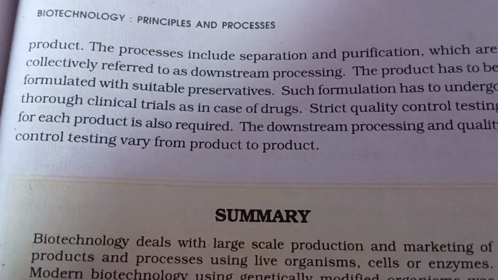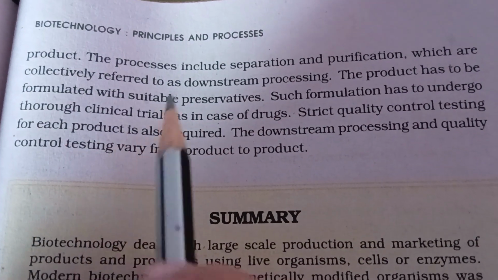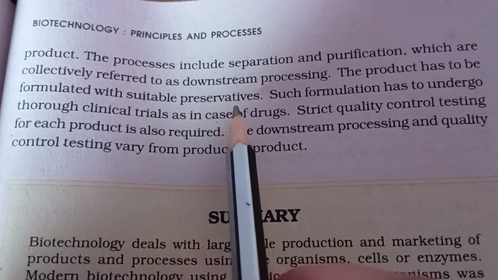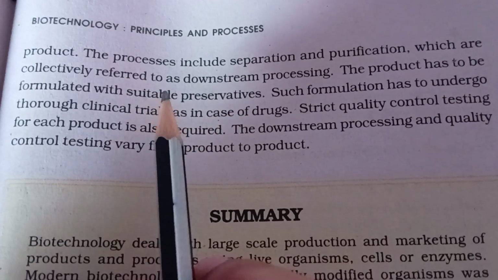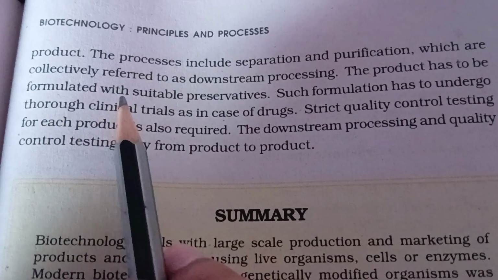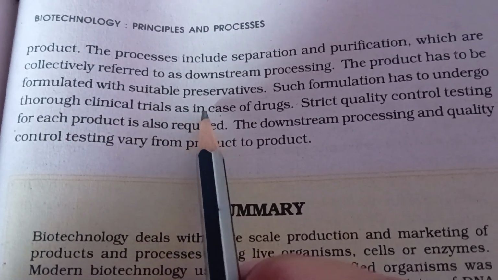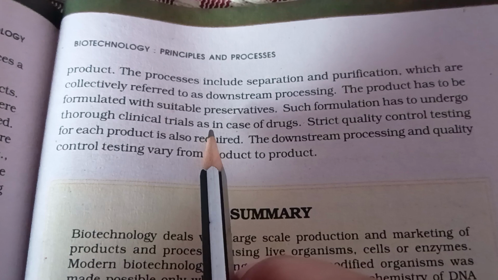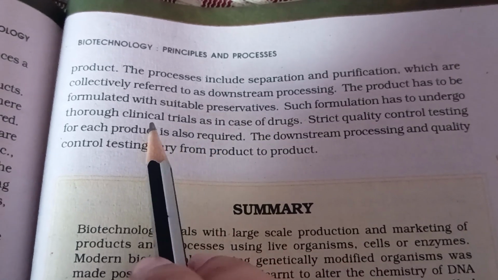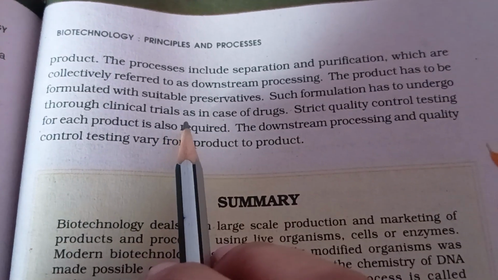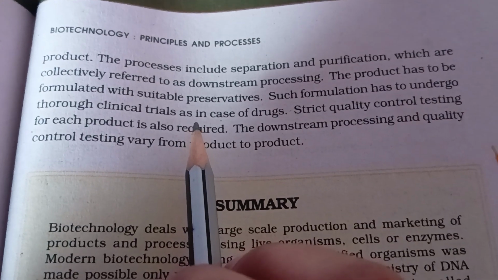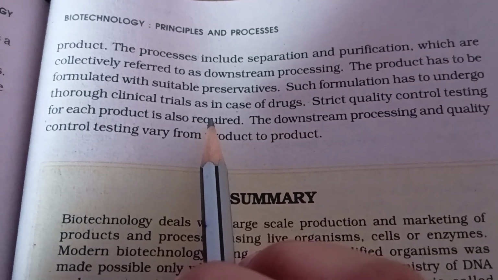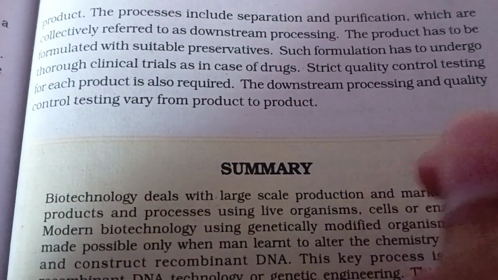The processed product has to be formulated with suitable preservatives. Such formulation has to undergo thorough clinical trials as in case of drugs. Strict quality control testing for each product is also required. Thus, the downstream processing and quality control testing vary from product to product.